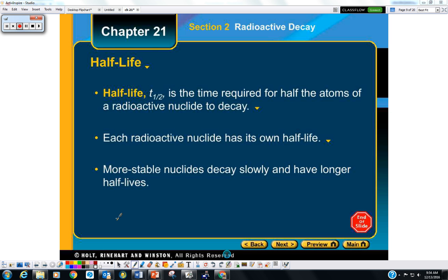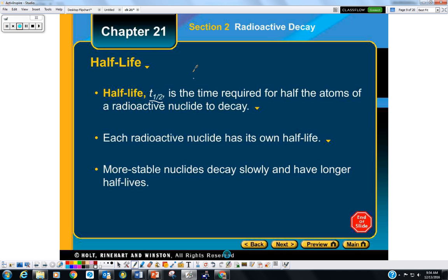A half-life, and half-life is typically represented by time, time with the subscript of 1/2 next to it. That subscript doesn't mean anything other than just telling you that it is a half-life, or the time it takes for half of the atoms of a substance to decay.